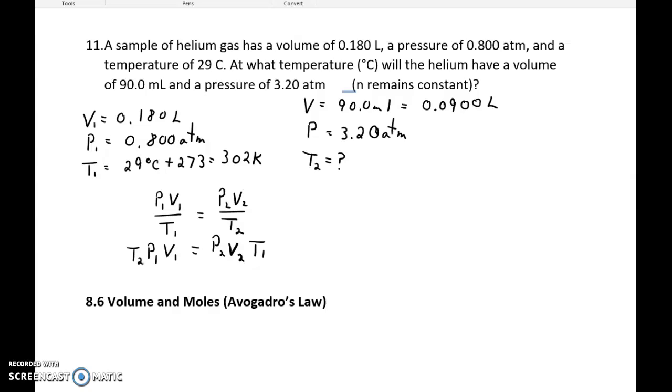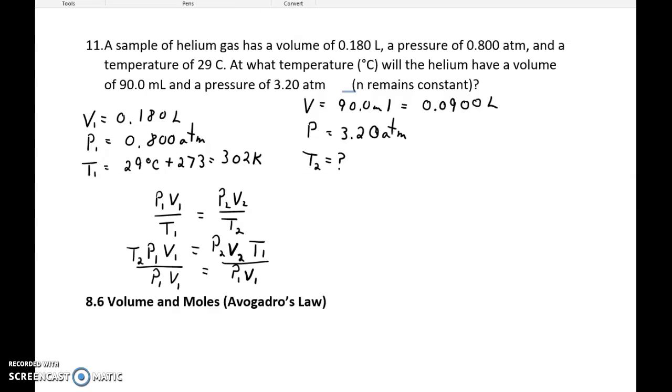Now, we want to get T2 by itself, so I'm going to divide by P1 and V1. Here, I'll divide by P1 V1.